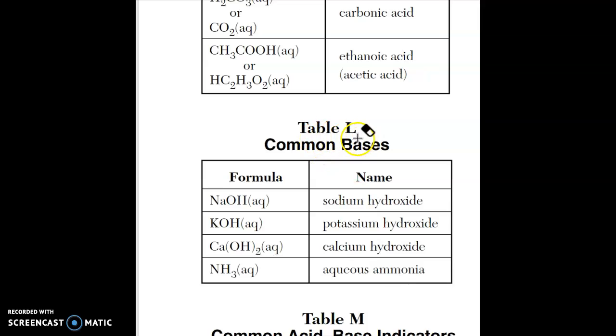Likewise, it has table L for common bases and the names of the bases listed. And usually, there are other bases also. These are just the common ones. But maybe you'll have a different metal, but still have hydroxide in it. So you can always just use this to help you figure out a name if you're not sure how to name it.